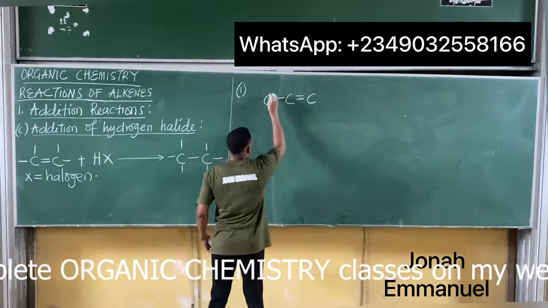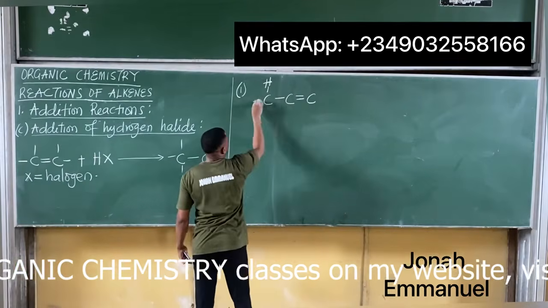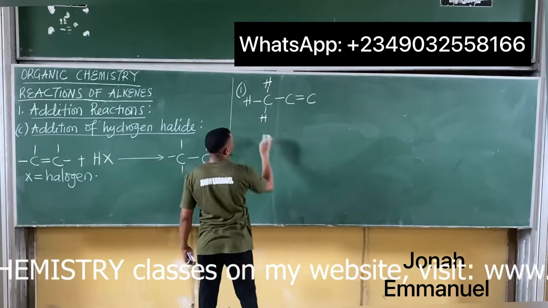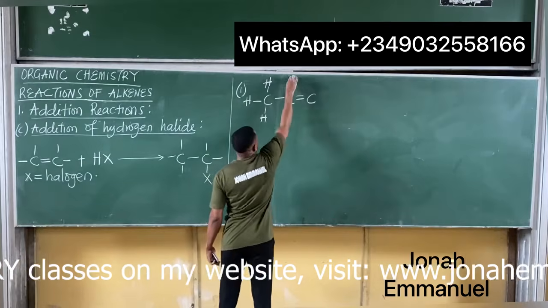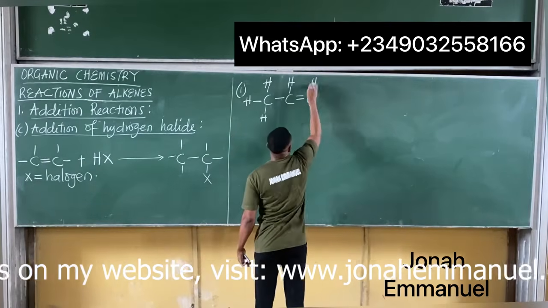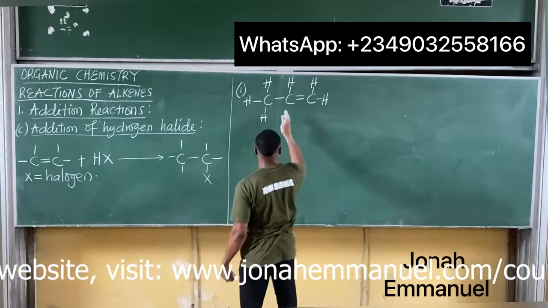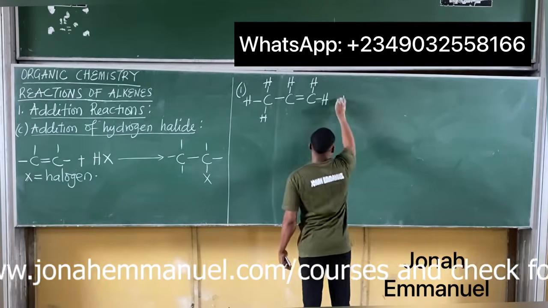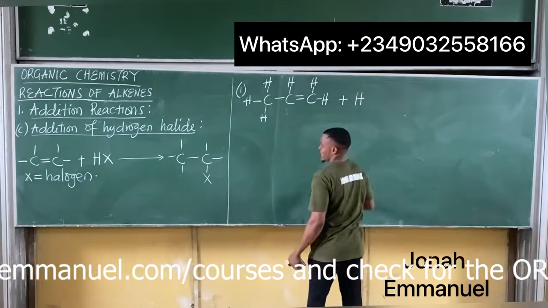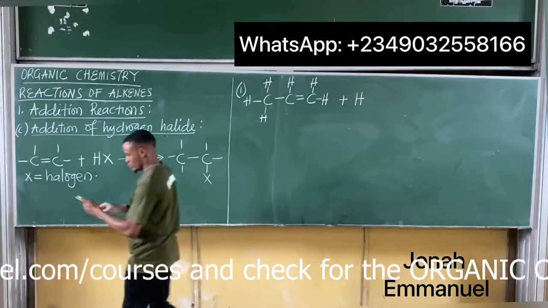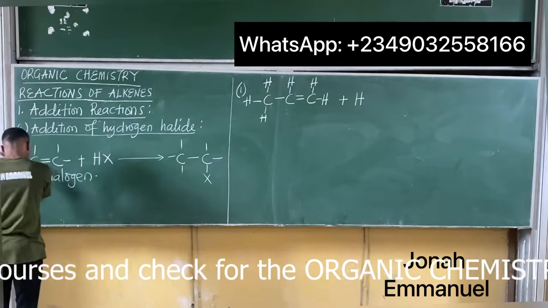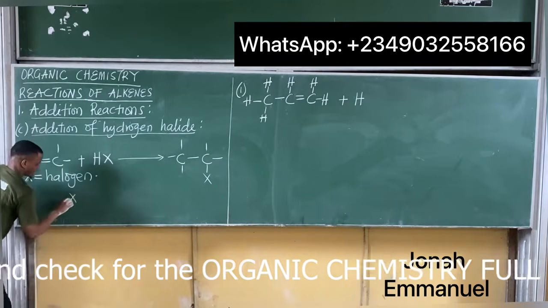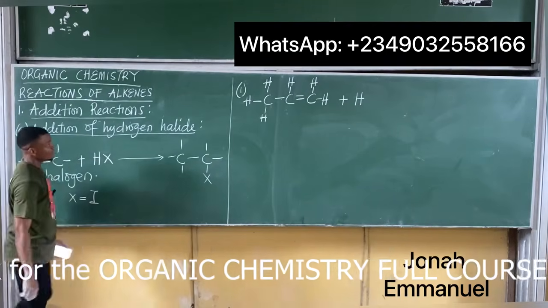So 1, 2, 3, 4. You have this for the alkene plus HX. Let's take X as what? What should we use? Let's use X as being iodine.